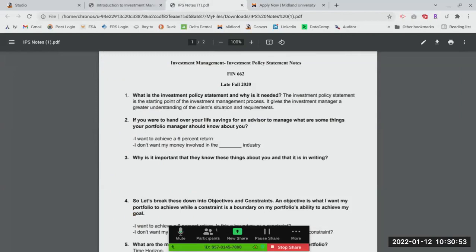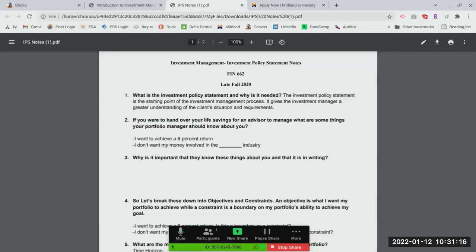What is the investment policy statement and why is it needed? The investment policy statement is the starting point of the investment management process. It gives the investment manager a greater understanding of the client's situation, what they're looking to gain, and their risk profile. So not all investors are the same.